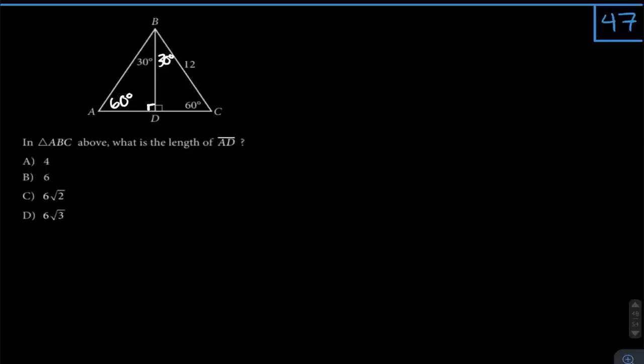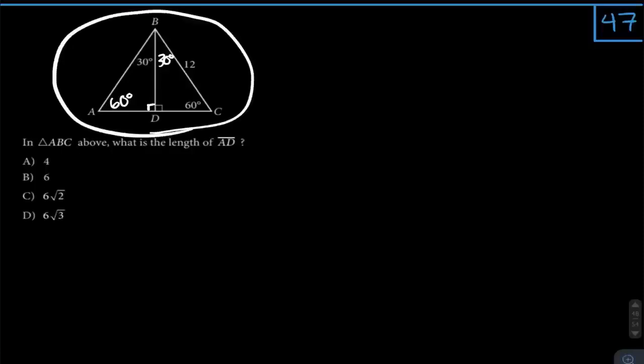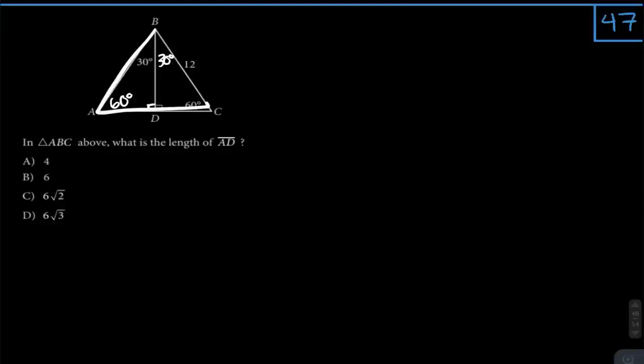Well, think about it. This triangle right here is actually equilateral as a whole. So this side in total is going to be 12. And so this side would just be half of that. But let me back up a little bit. Why the heck is this thing equilateral? Well, this angle is 60. This angle is 60. And this angle is just 30 plus 30, which is also 60.